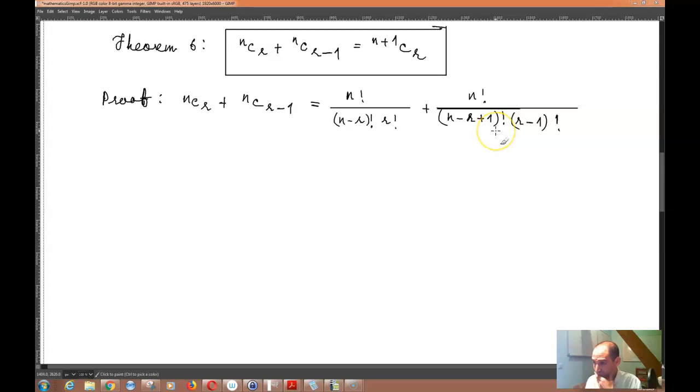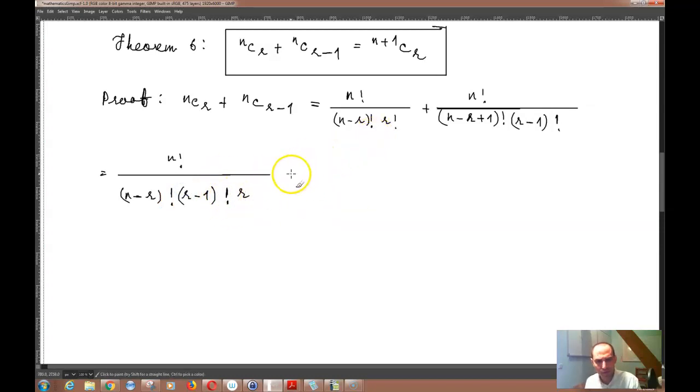So this part I can write as n factorial over n minus r factorial, not changing anything, and r factorial I can write as r minus 1 factorial times r.